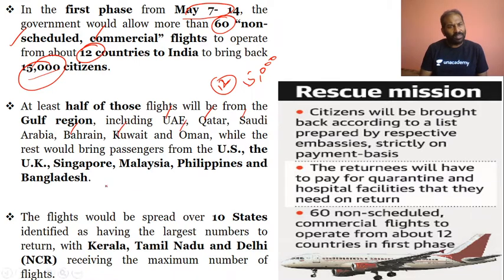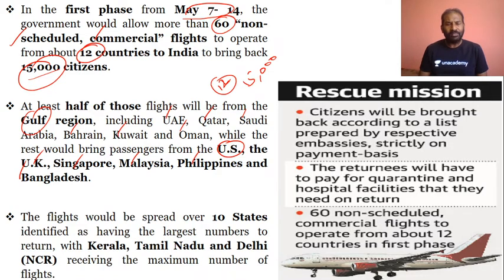And the rest of the Indians who are staying apart from the Gulf region are in the US, UK, Singapore, that is Southeast Asian countries, Malaysia, Philippines, and Bangladesh. So definitely we have Indians who are still stranded in various countries because of COVID-19, and the Ministry of Home Affairs has taken the responsibility.